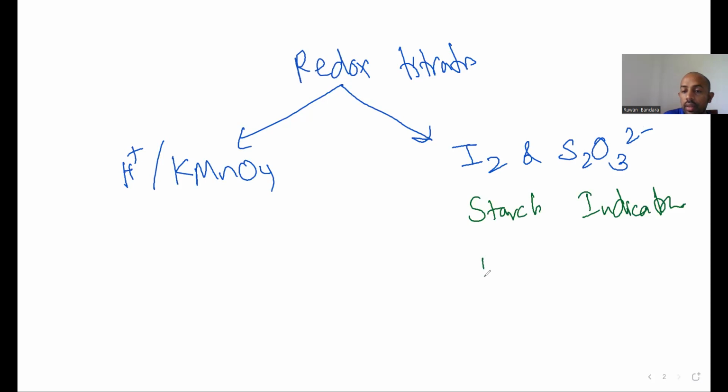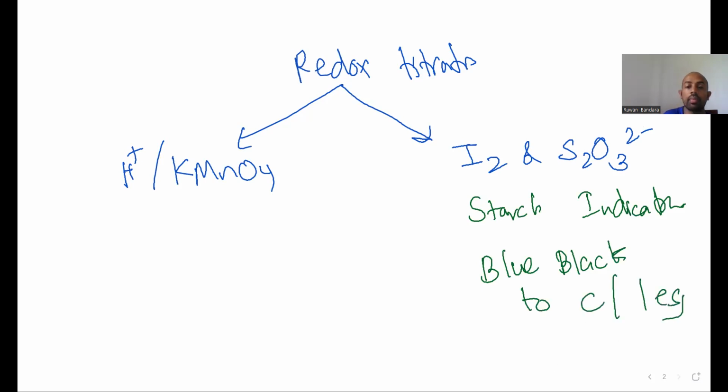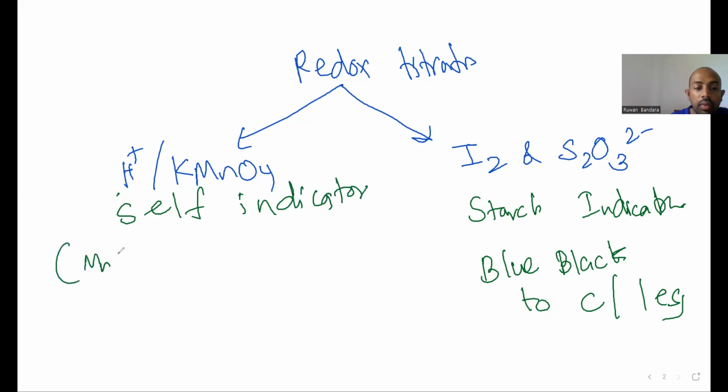Color change is blue-black to colorless. In the manganate titration, it's a self-indicator because MnO4- can act as indicator. It has the purple color, and the colorless Mn2+.